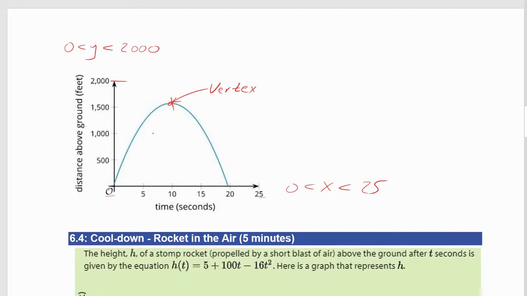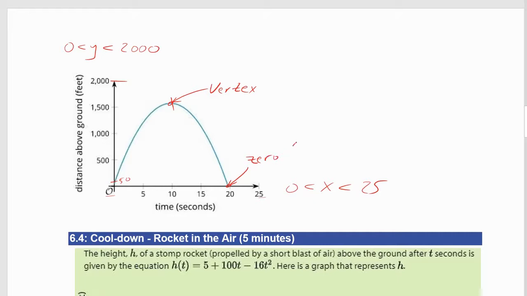Now your zeros. You fire the cannonball right here, at 0 comma 50, and then it lands somewhere over here. Wherever your cannonball lands, even if it's on the ground where it takes off, these are known as your zeros.